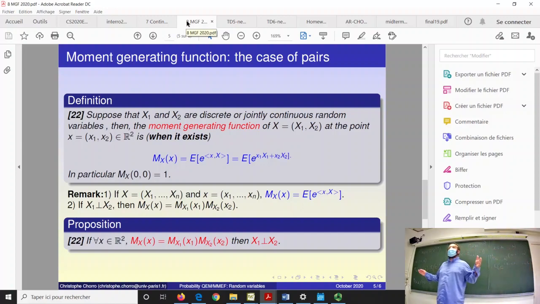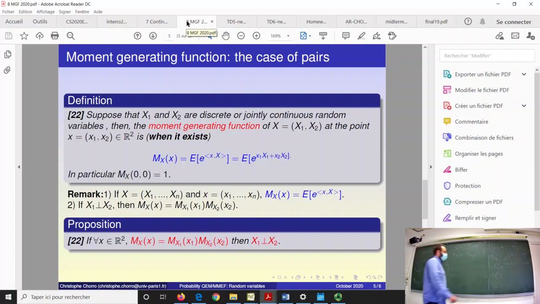If I don't want to use this big expression, I can use the following one. I have two vectors here, a vector with the variables and the vector with the points where I take the moment generating function. This linear combination may be written using the notation of the scalar product.